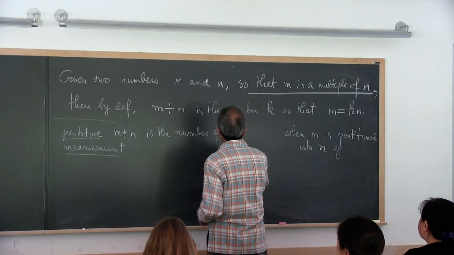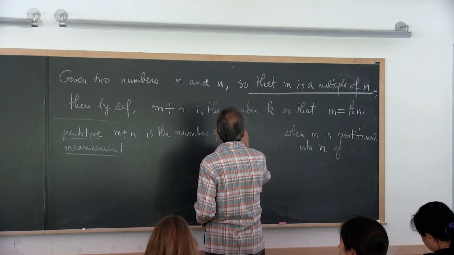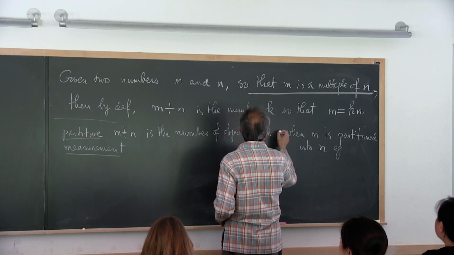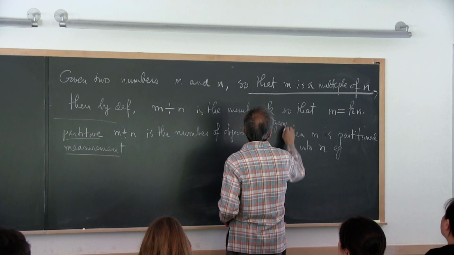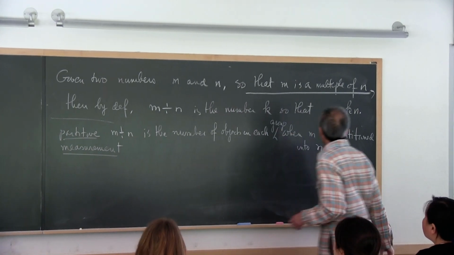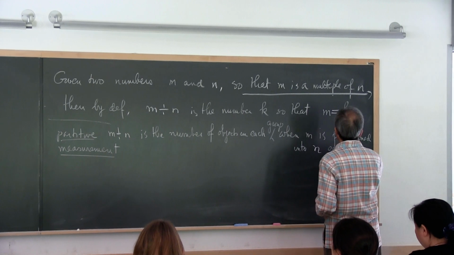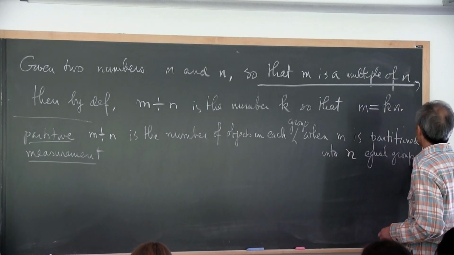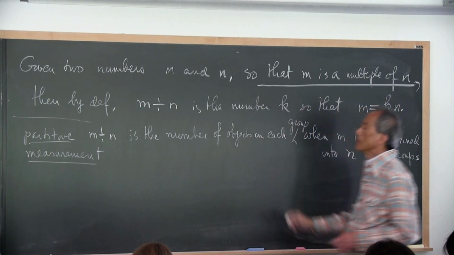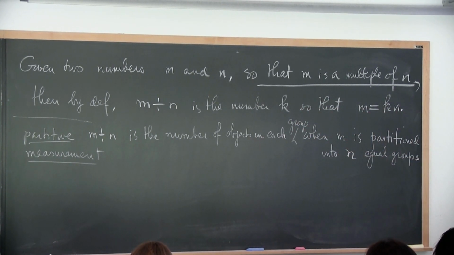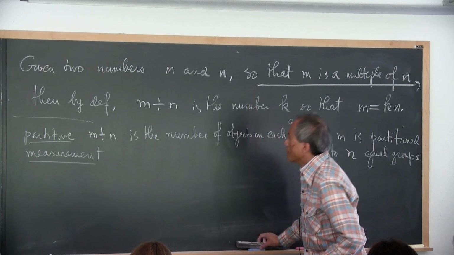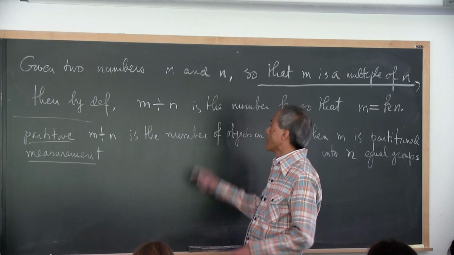Number of objects in each group, when m is partitioned into n equal groups. That's the meaning of the partitive interpretation of division. Then the measurement division. Okay, let's talk about this first.